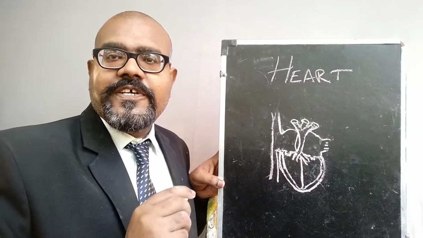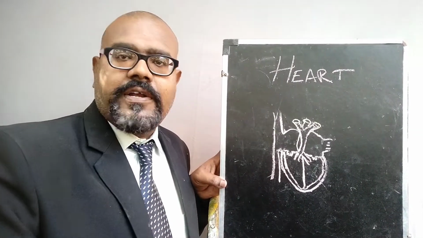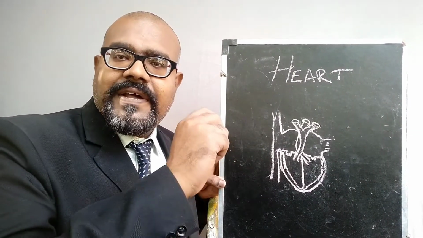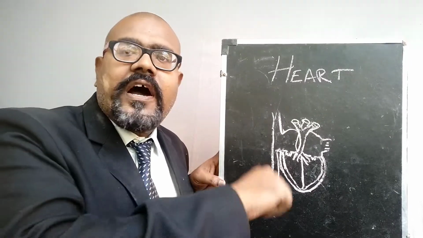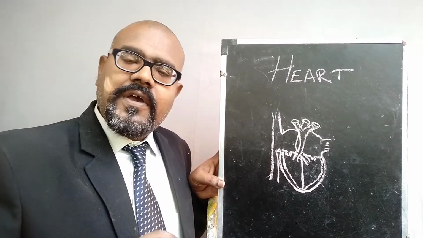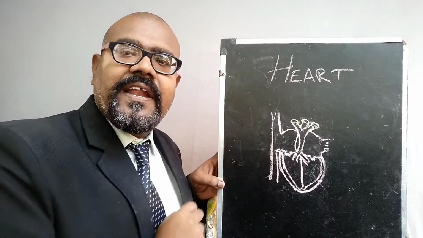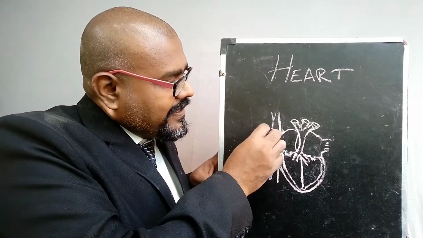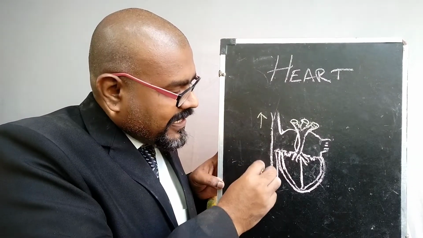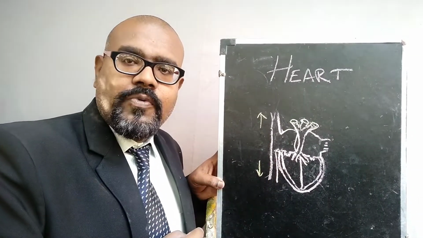Now the functions of all these parts of the heart. If we see each and every part's function, then we can study the whole heart function. First, we start with the superior and inferior vena cavas. This is the superior vena cava upwards, and this is the inferior vena cava moving downwards.